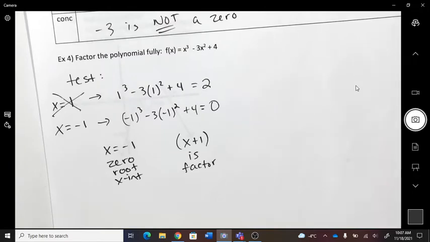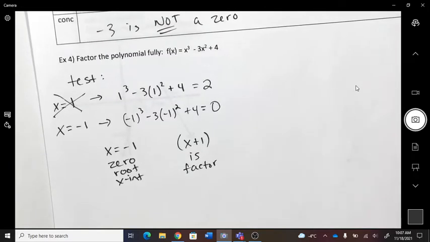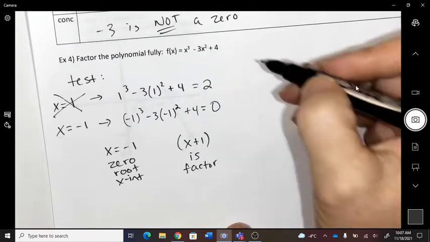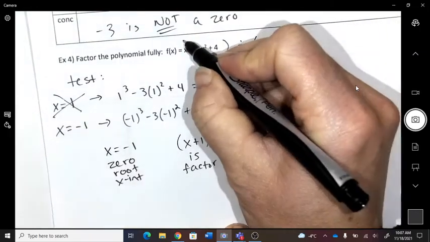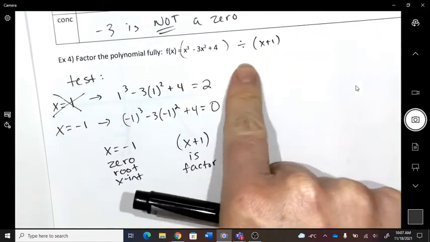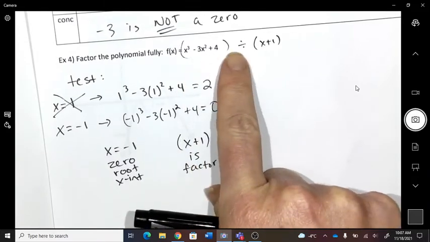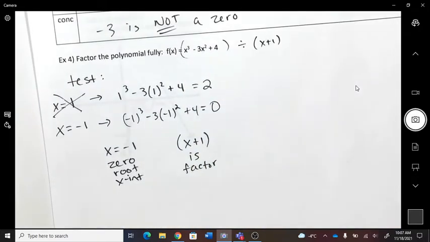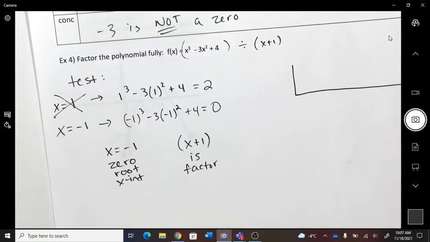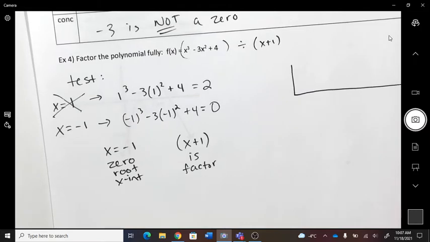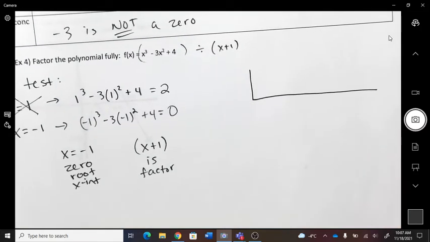Okay, now I have some information that I could start my division. I'm going to take this and divide it by an x plus 1. I'm going to do the shortcut, the synthetic division.